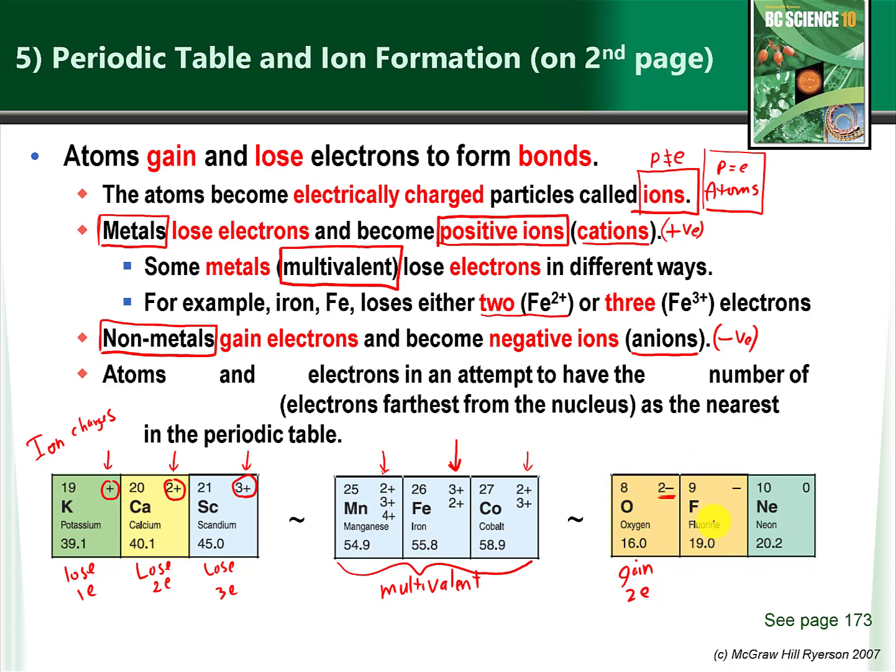Fluorine here has 9 protons, but when it's an ion, it'll gain an electron because it's a negative, -1. But neon here has a 0, meaning it's happy. It doesn't gain or lose an electron, so it doesn't become ionized. There's no ionized charge.